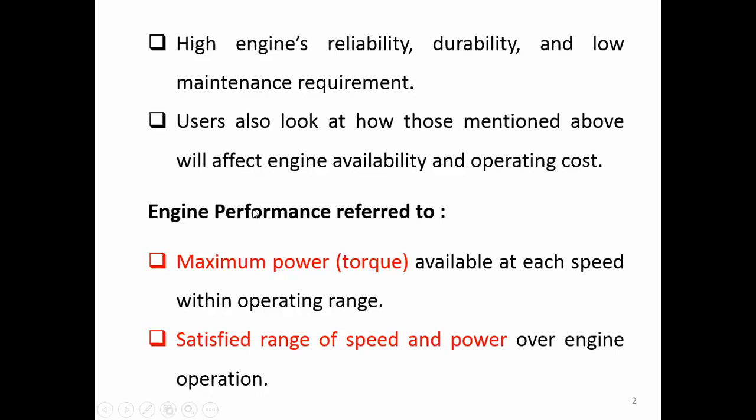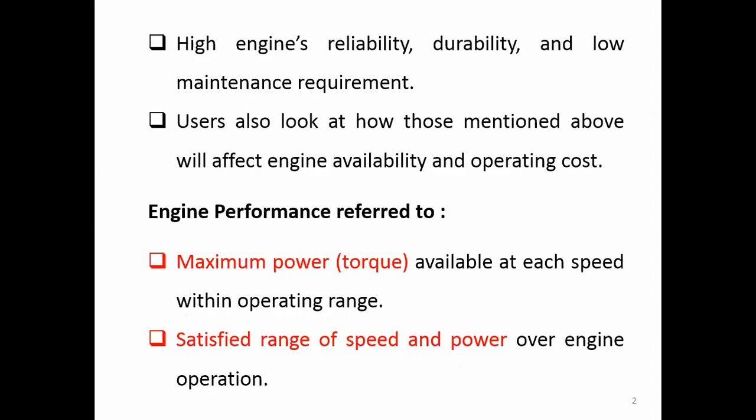So since we talk about the engine performance, what does this performance refer to? It refers to the maximum power or maximum torque that is available at each speed within the operating range, right? So when we talk about the engine performance, you look at maximum power, you look at maximum torque. Apart from this, you also look at the stratified length of the speed and power over the engine operations.